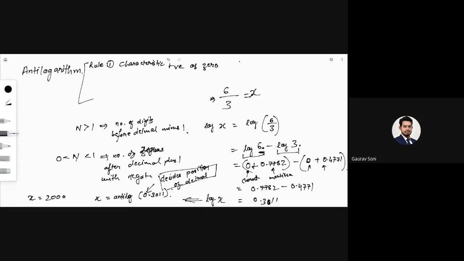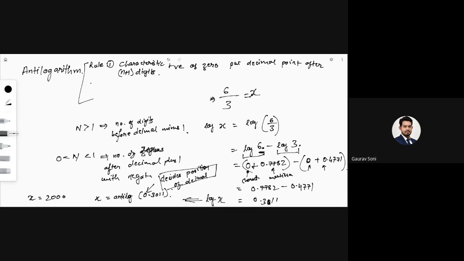Put the decimal point after n plus 1 digits.